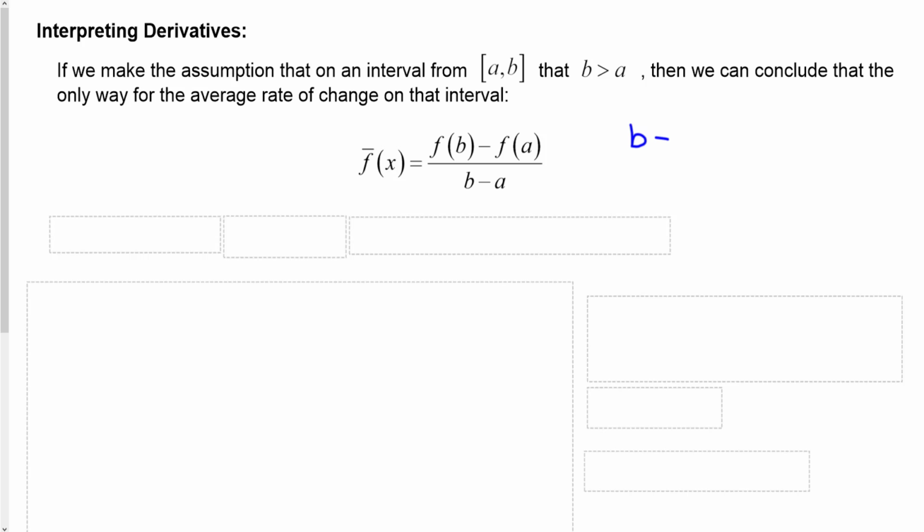If we know that b is greater than a, you can rearrange this formula. You could subtract a from both sides, and you can say that b minus a is greater than 0. So if b is the larger number, b minus a is always going to be a positive value. And that's an important thing to understand because the denominator of this fraction is always positive.